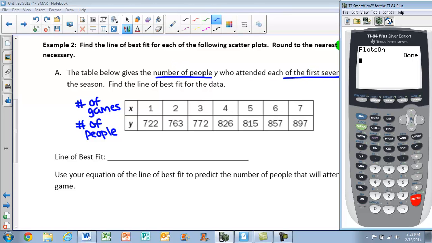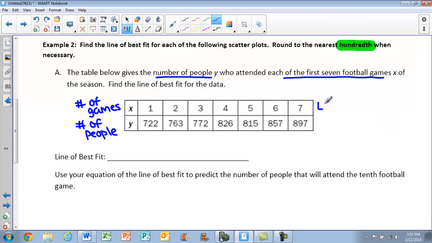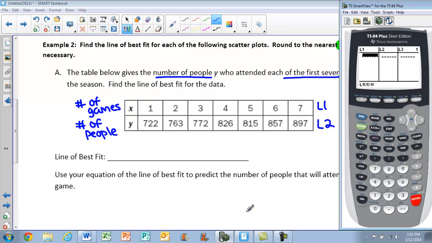Since those are on, we are going to press the stat button. We want to edit a list, so we're going to go ahead and just hit enter. And now you should see L1, L2, L3, and so on. We only have an X and a Y value, so we're only going to worry about L1 and L2. Remember, in L1, we always want to enter our X values. Our Y values get entered in L2.